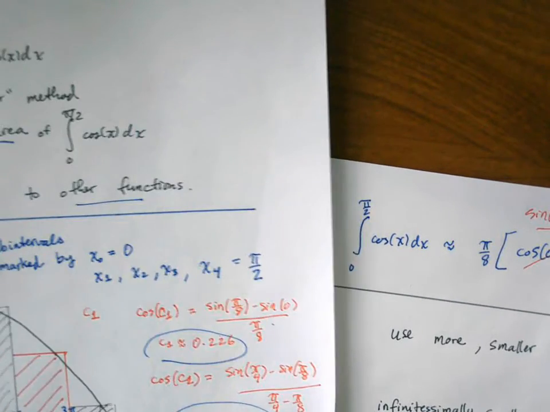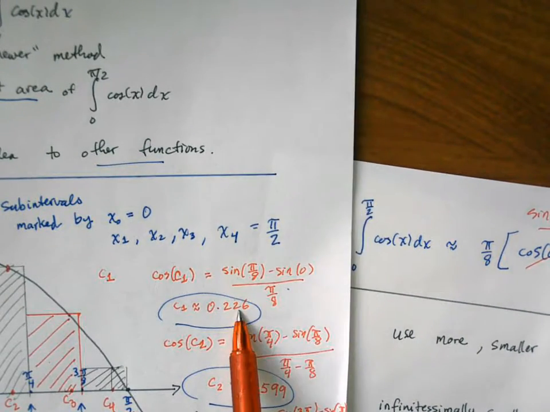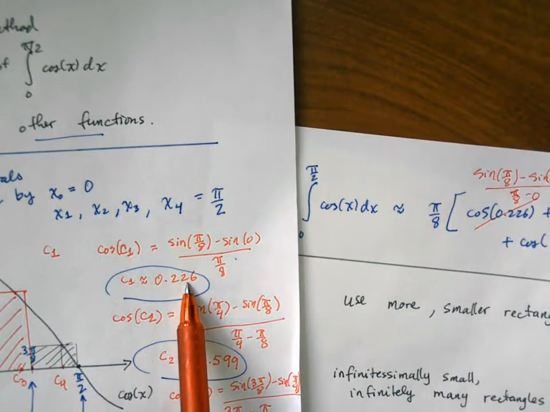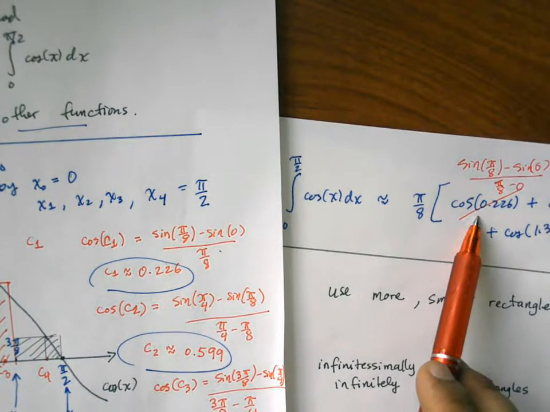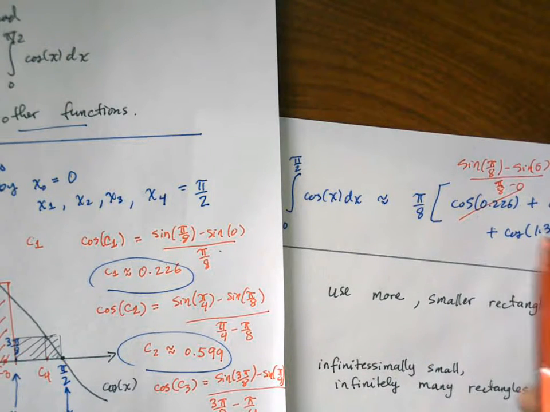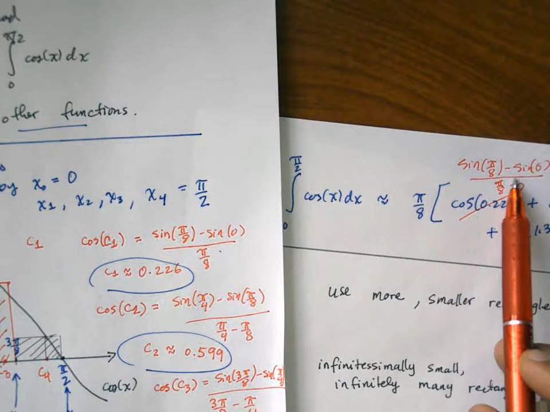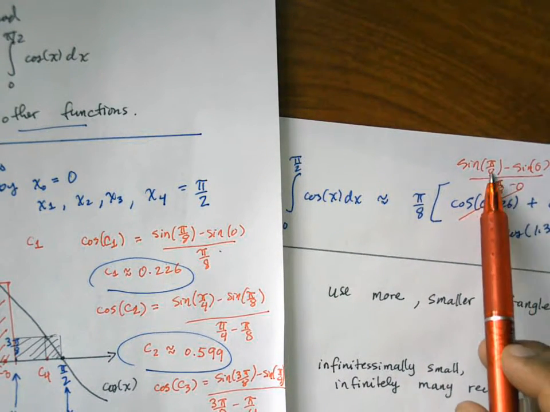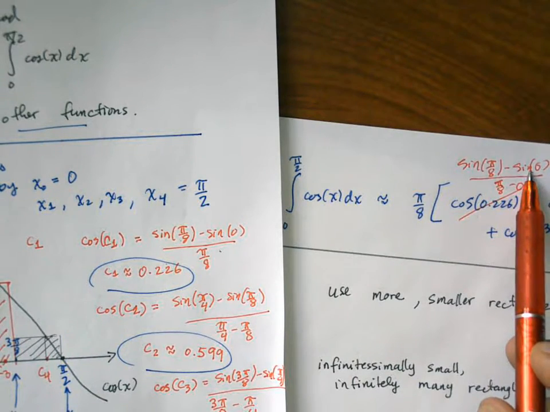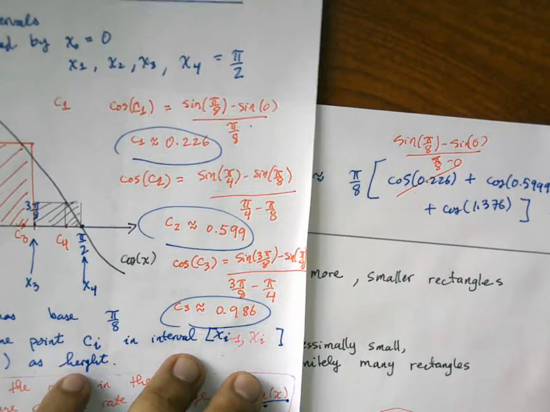Rather than using this equation to figure out 0.226, only to plug it back into the cosine function again, we could have just skipped this step and written this expression here: sine of pi over 8 minus sine of 0 over that difference.